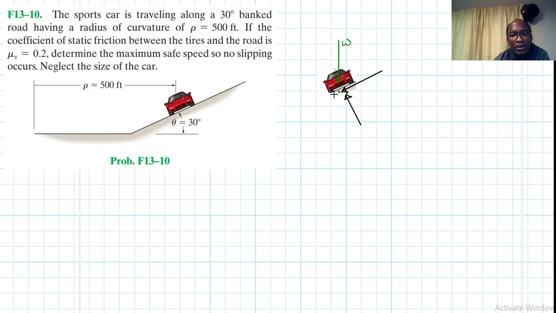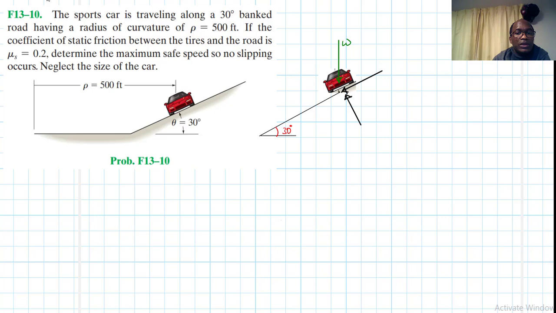to write this in terms of our coordinates, components. All right, let me just draw this to show that this angle here is 30 degrees. So this is 30.